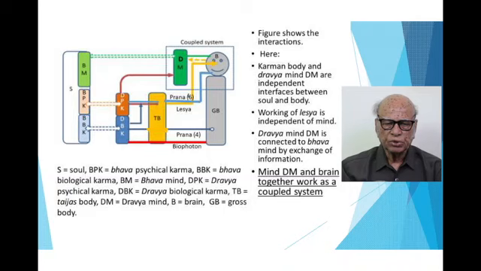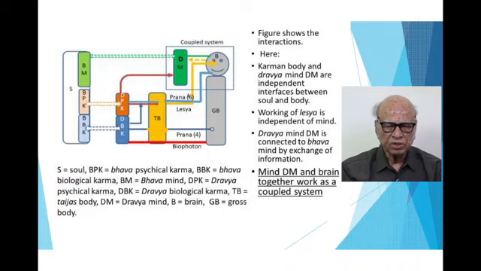Then we show how the information flows and the interaction takes place among these various units. Starting from the left, I have shown that there is an exchange of information between bhav psychical karma and dravya psychical karma.